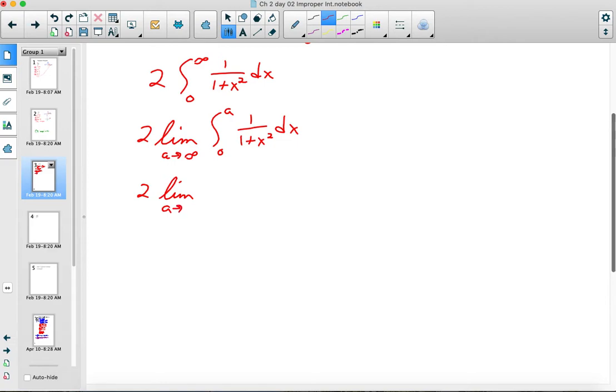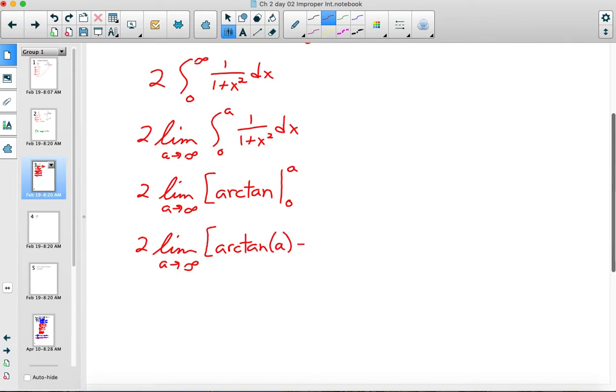So the limit as a approaches infinity of the arctan evaluated from 0 to a. So that gives us 2 times the limit as a approaches infinity of the arctan of a minus the arctan of 0. What's the angle whose tangent equals 0? Well, that's 0.